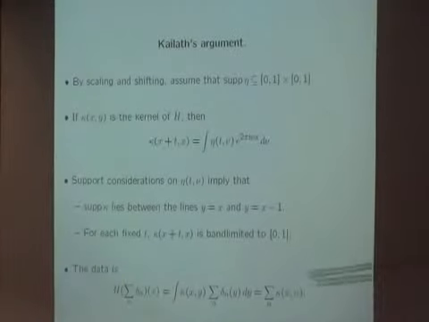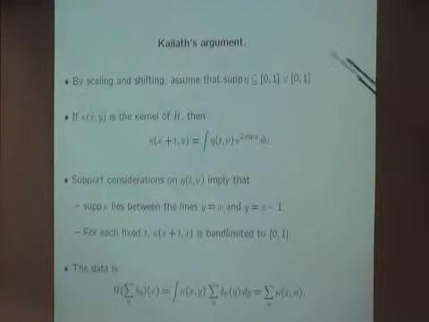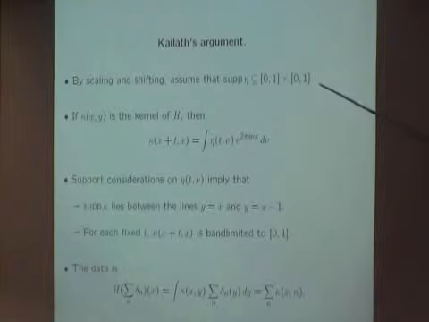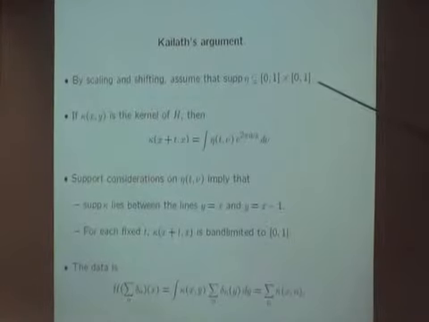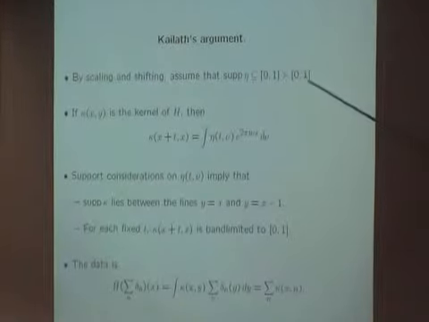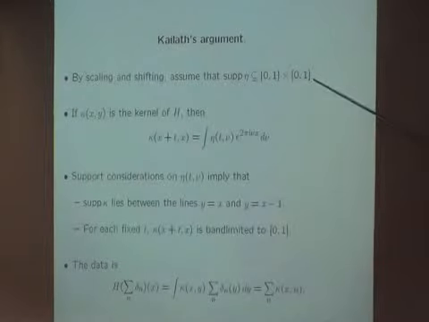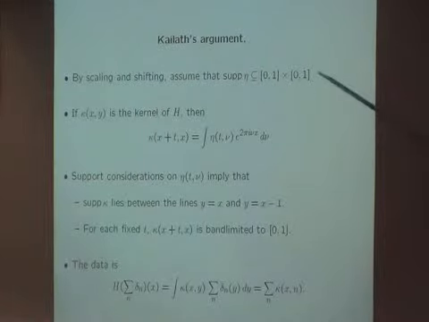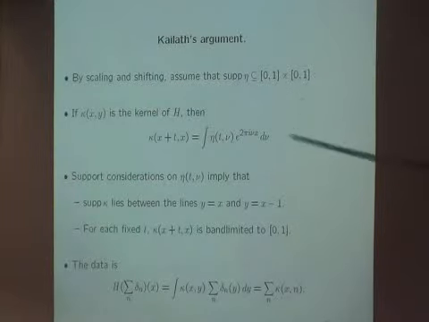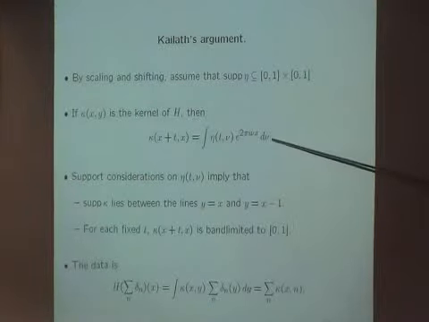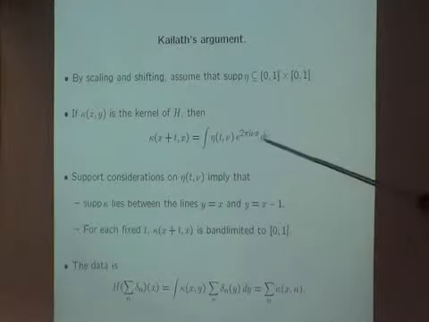So, here's why this makes sense that you can do this. Let's suppose that our spreading function is supported in this unit square. I'm going to say why it's identifiable in this case, and if it was any bigger, it wouldn't be. Then the kernel of the operator satisfies this relation.